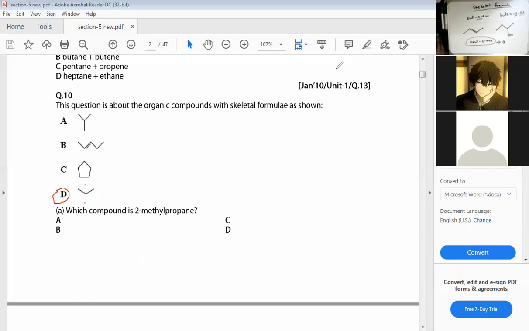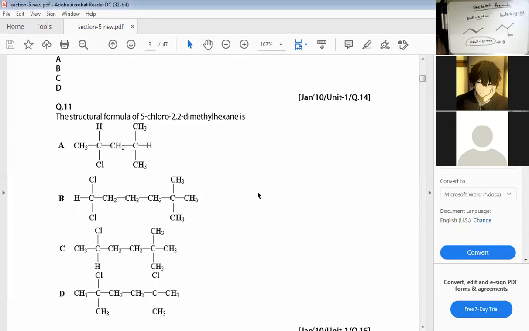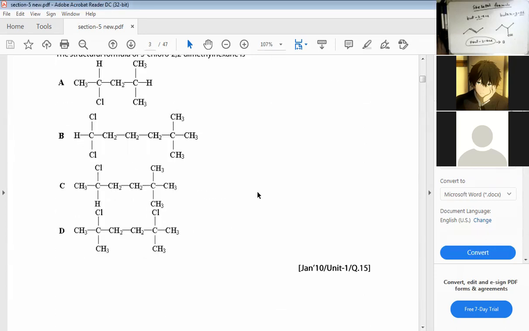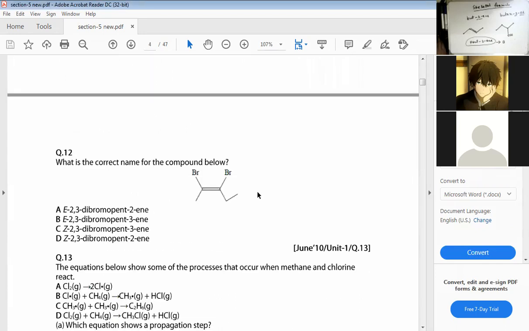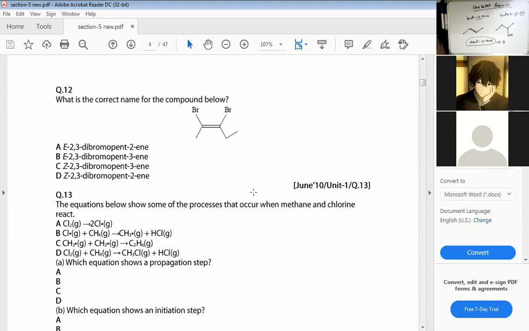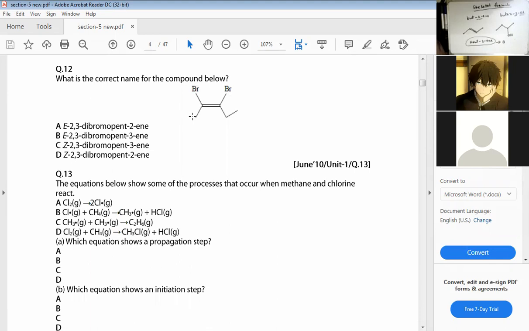Okay. Now we can see for next. Look at question number 12, there is another molecule. So what should be the name?